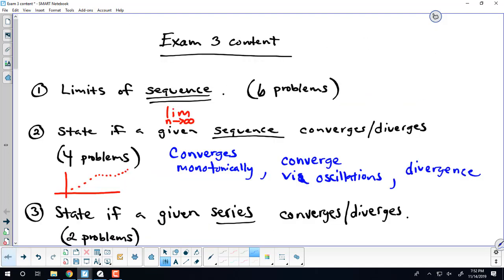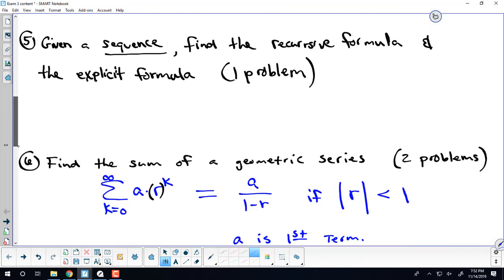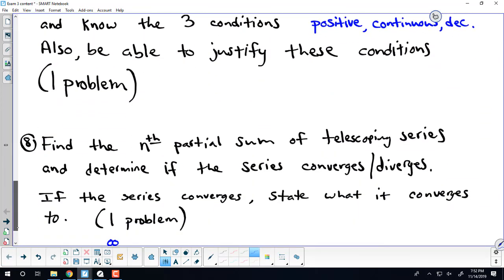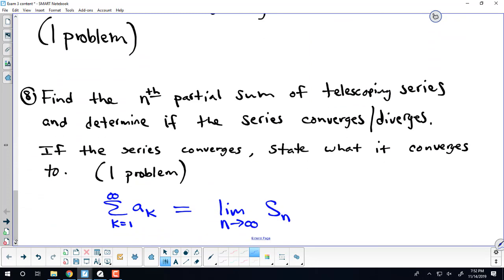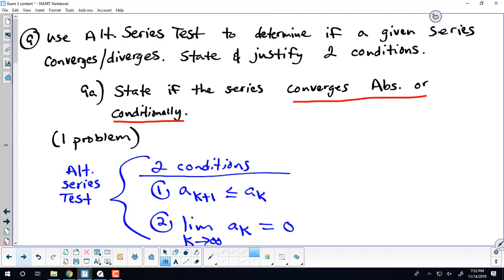Remember, we saw a couple of variations of the telescoping series, but basically you have to have something minus something else for any cancellation to occur. Those could be presented as this thing minus this thing. It could be a logarithm of a quotient that you can turn into subtraction. It could be something where you have to find the partial fraction decomposition. So I would be familiar with those.